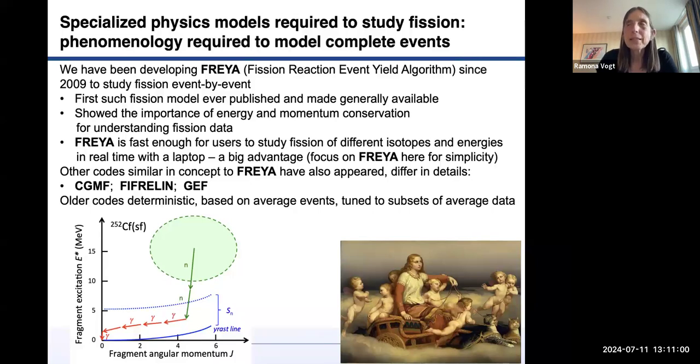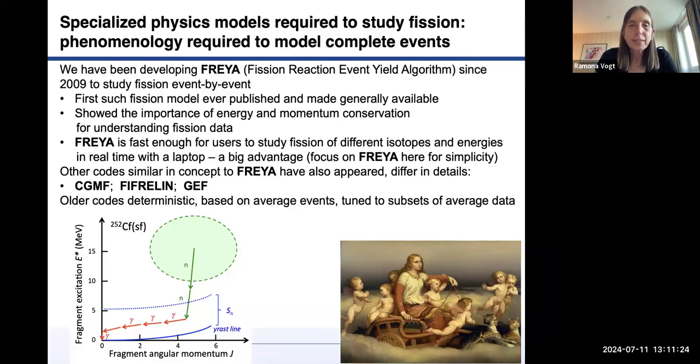And basically doing event by event shows how important energy and momentum conservation is for really understanding fission data. I mean, just energy and momentum conservation can buy you a lot. And this is something that was never inherent in any of these models before.